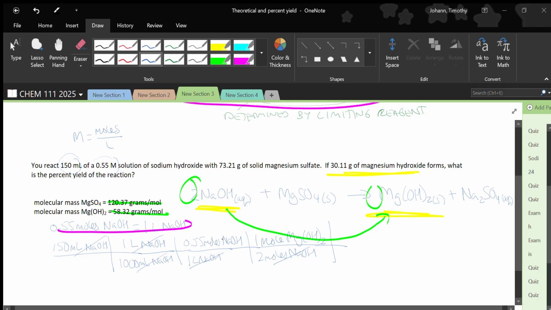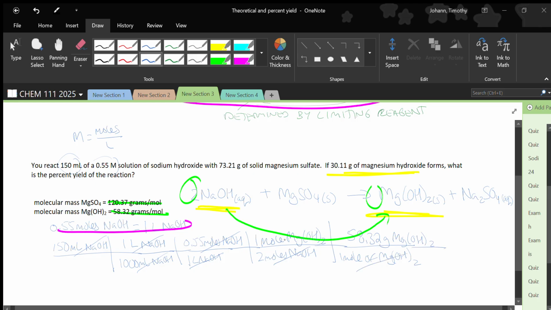Moles of sodium hydroxide cancels with moles of sodium hydroxide. And then finally, if I want to get grams of magnesium hydroxide, I can use my molecular mass. So 1 mole of magnesium hydroxide is going to be equal to 58.32 grams of magnesium hydroxide.